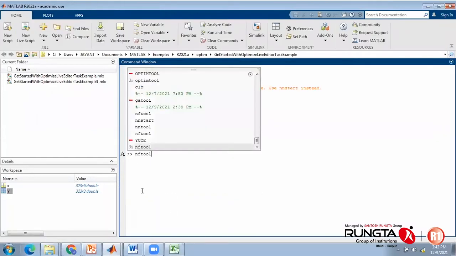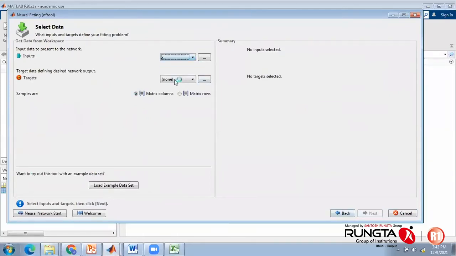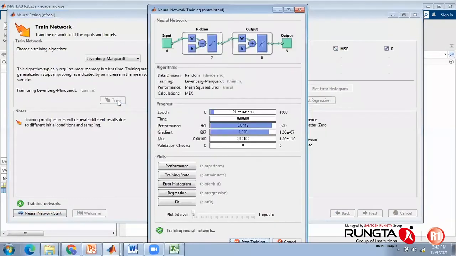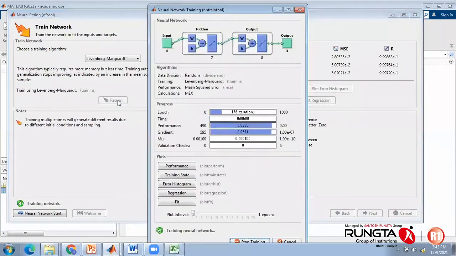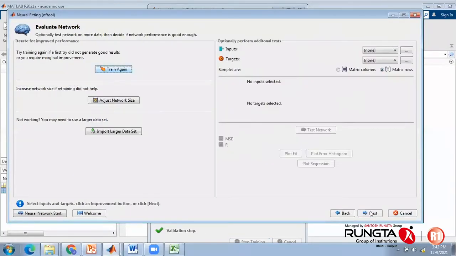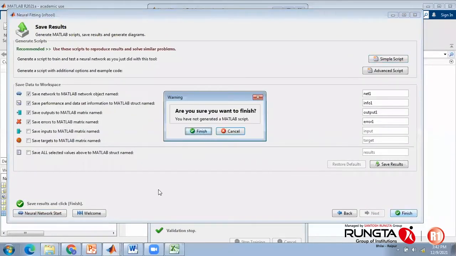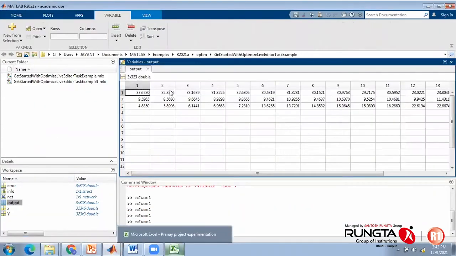Most important thing is, in this case, if I go to MATLAB, in output I have all three outputs.